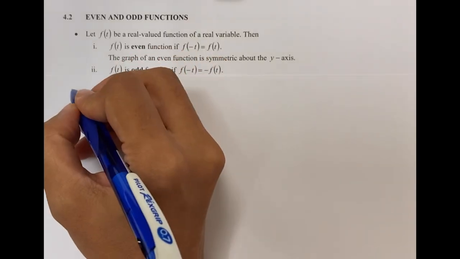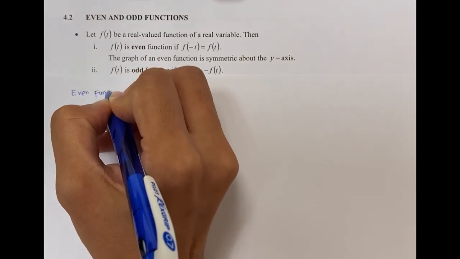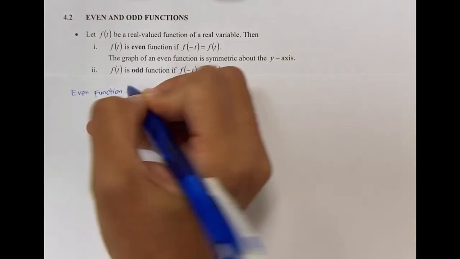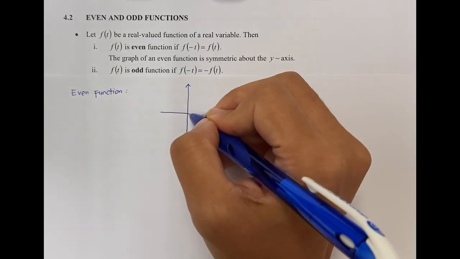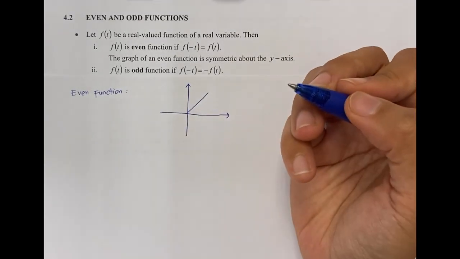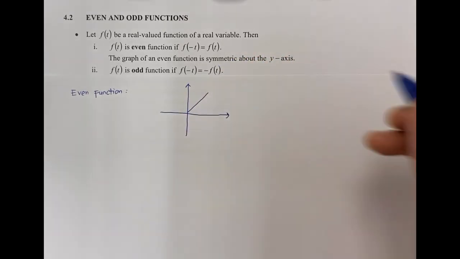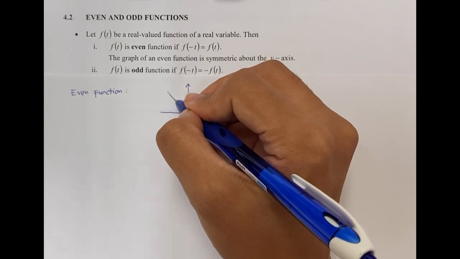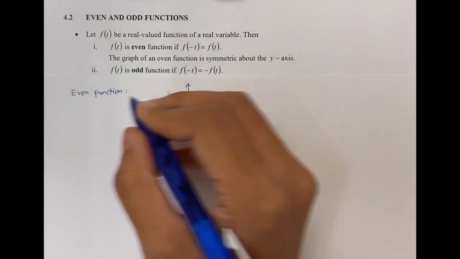So basically, for even function, if you have this line for f(t), it is an even function when it's symmetric about the y-axis. So if you have this graph, it is an even function.